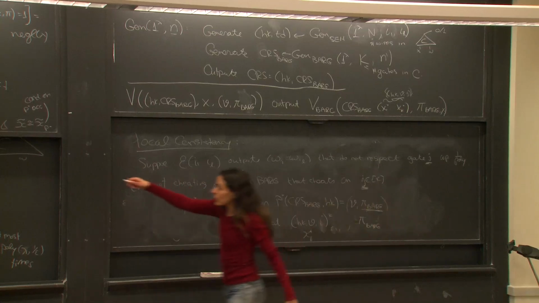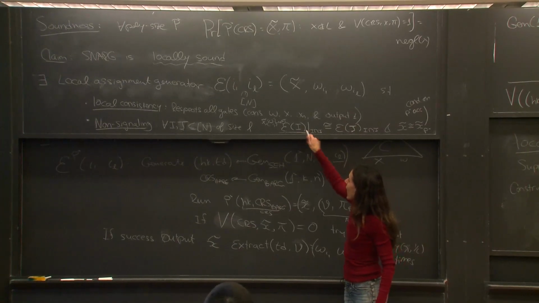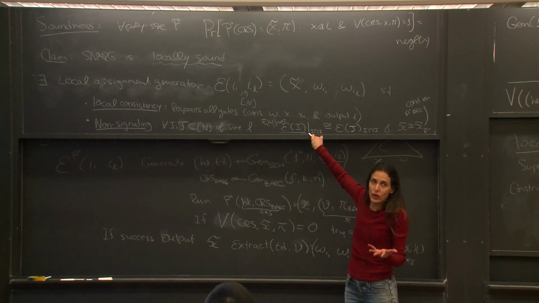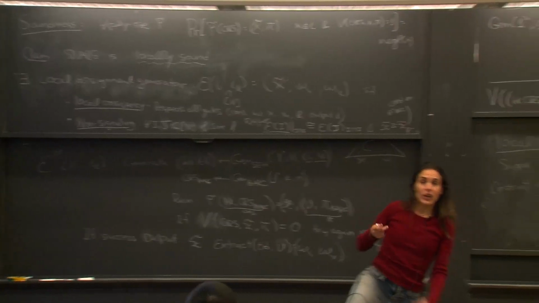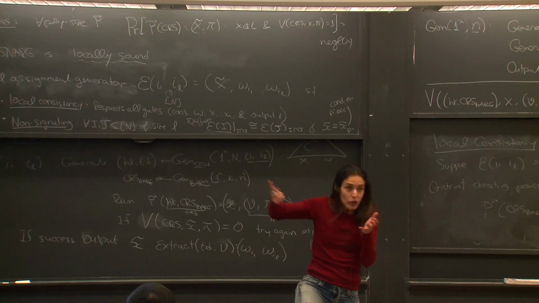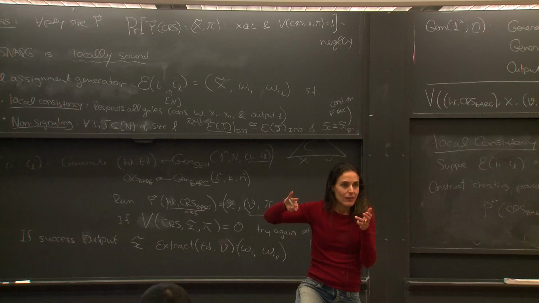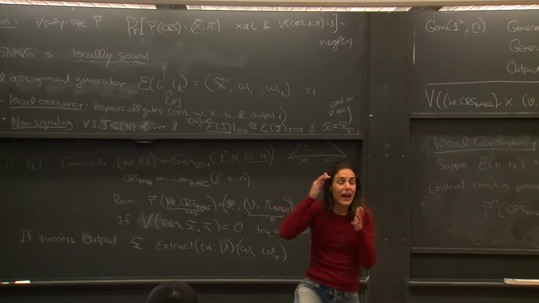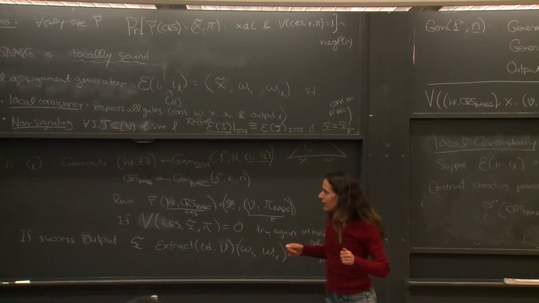Okay, so here, when you look at extract on a subset of witnesses, how does the local assignment generator generate these wires? He generates these wires using the corresponding trapdoors. Without the other trapdoors, he actually has no idea, so this should not signal anything about the value of the other wires. Let me say it again.